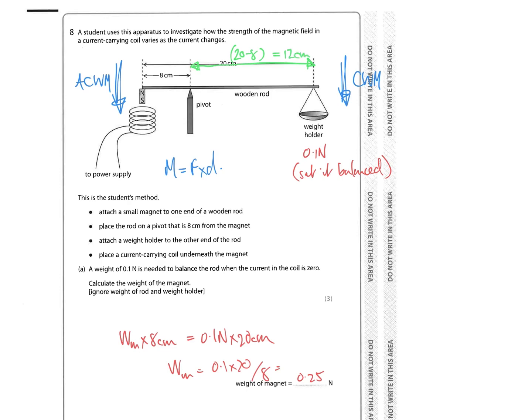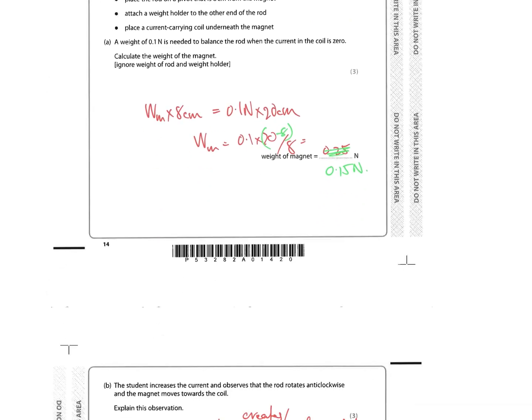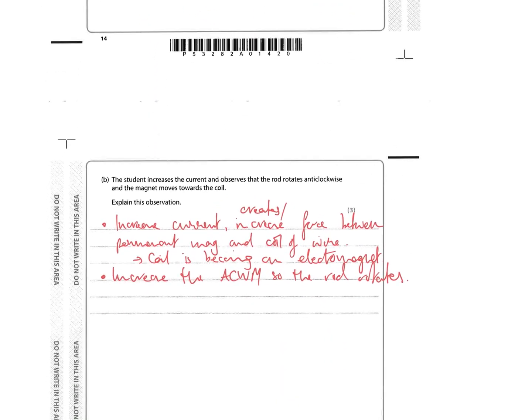So when I've done my calculations, I should really have 20 minus 8, which gives my answer as 0.15 newtons. Okay, some of us might have made that error ourselves, so you're in good company if that's the case. But luckily it didn't have to carry on.